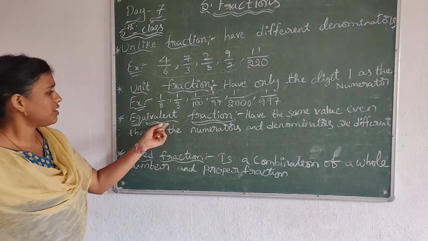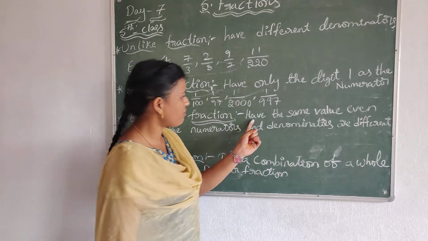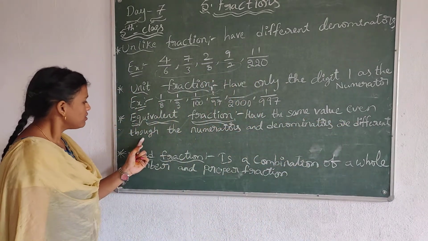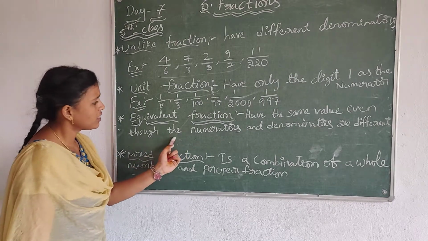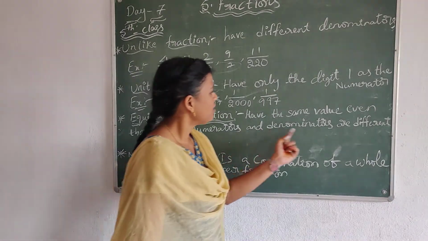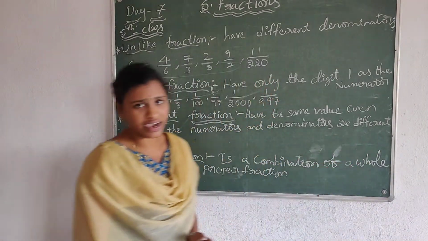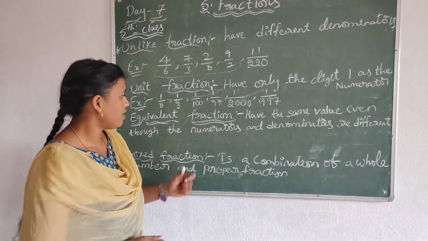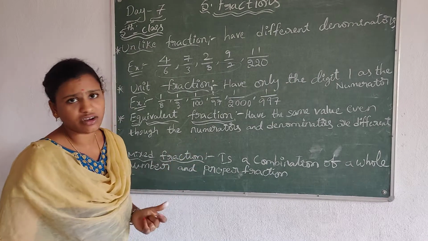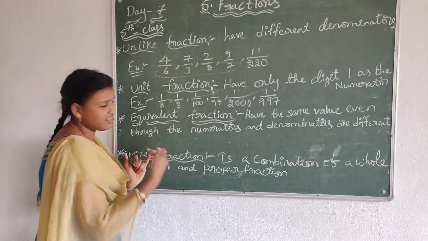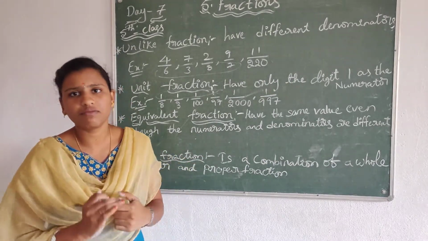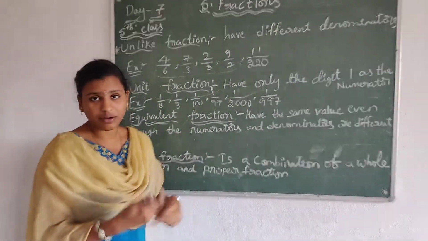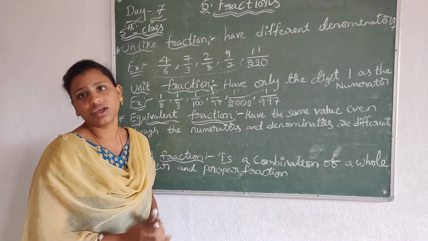Let's come to equivalent fraction. Equivalent fractions have the same value even though the numerator and denominator are different. If you take two fractions, the first fraction and second fraction have the same values, though the numerators and denominators will be different.